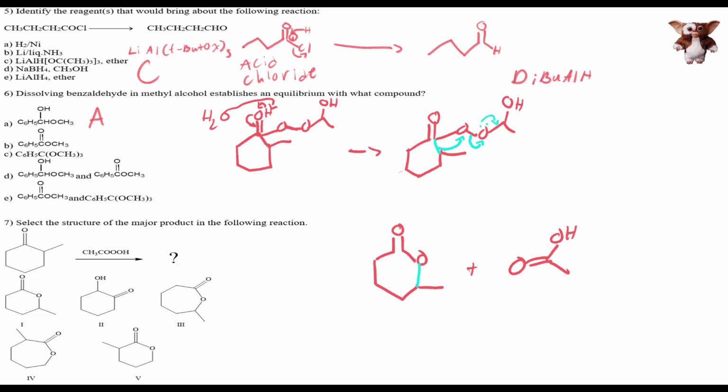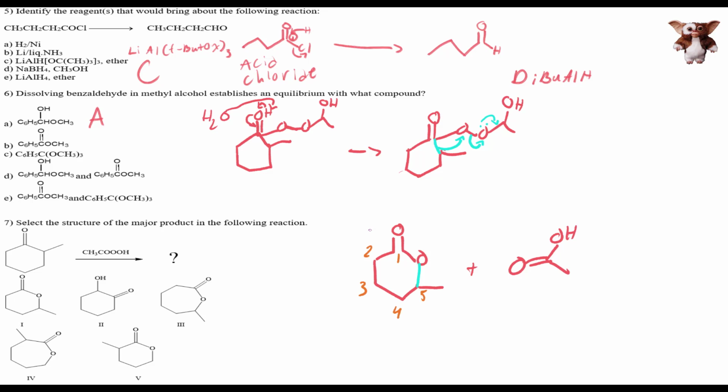So let's verify that this is correct. Let's do 1, 2, 3, 4, 5, 6. So I'm missing a carbon, but it's almost the same structure, right? There should actually be a carbon right here.